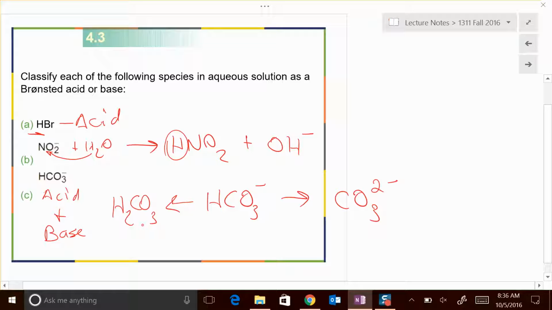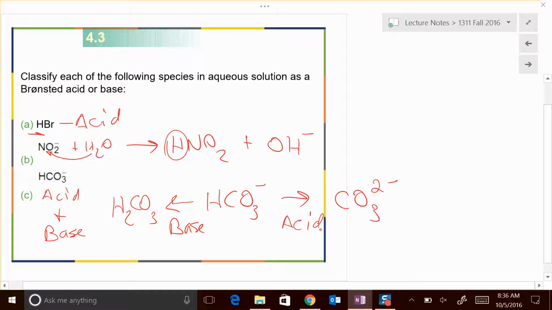Right? So in that case, HCO3 minus going this way is acting as a what? Going that way, it's acting as a base because it's accepting a hydrogen, right? Going this way, it's acting as a what? Acid.